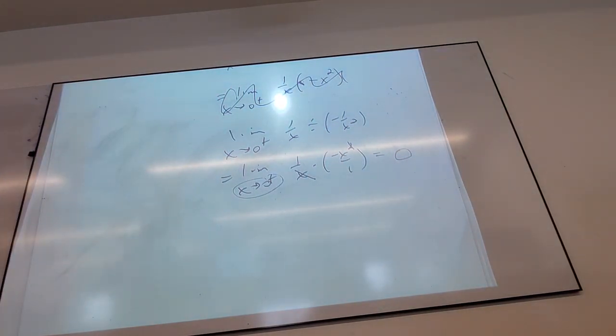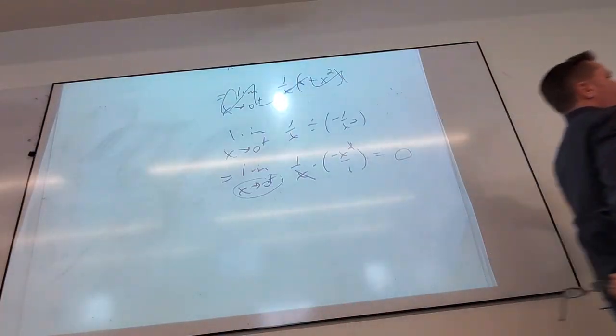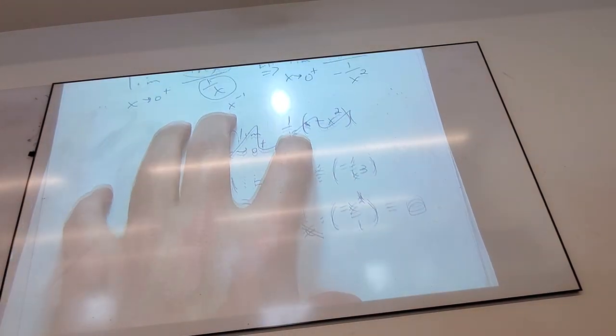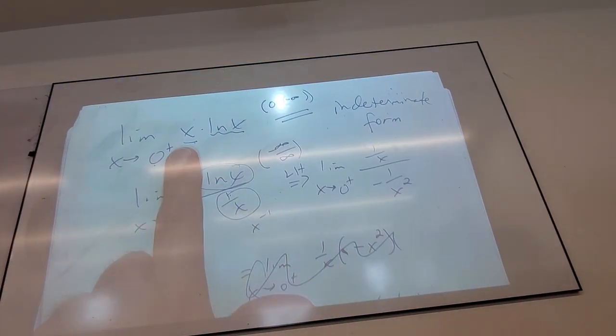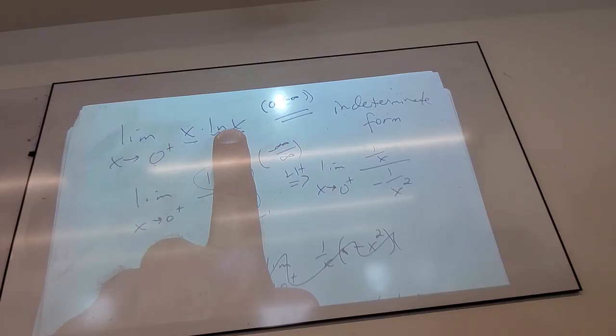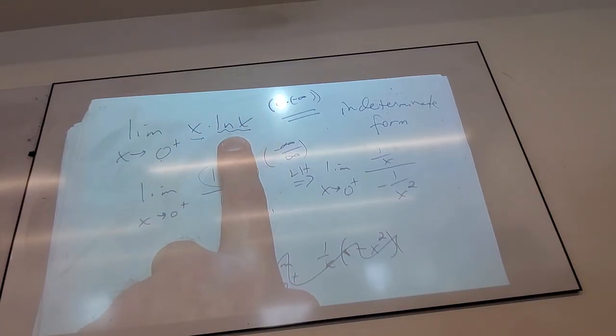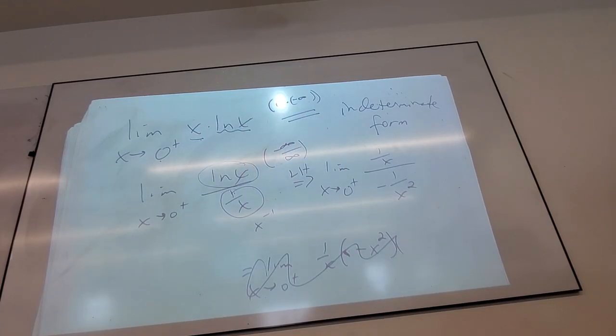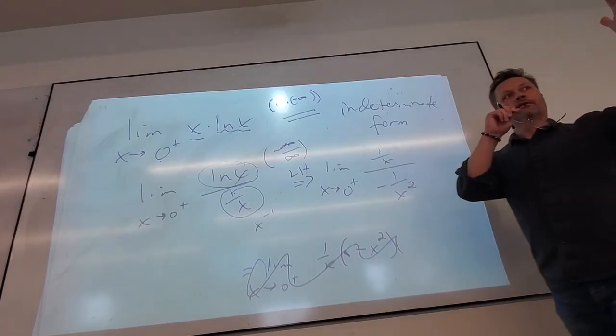Therefore, x must be going to 0 faster than this is going to negative infinity. Do you see that? If x is going to 0 faster than this is going to negative infinity, the whole thing is going to be 0 at the end. And that's what we got.